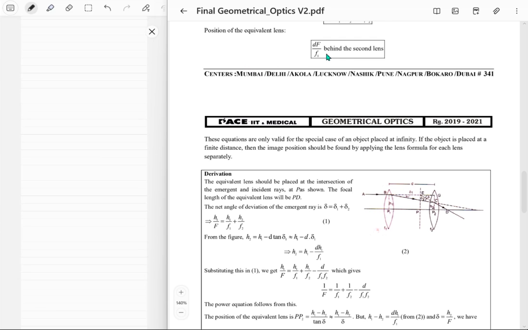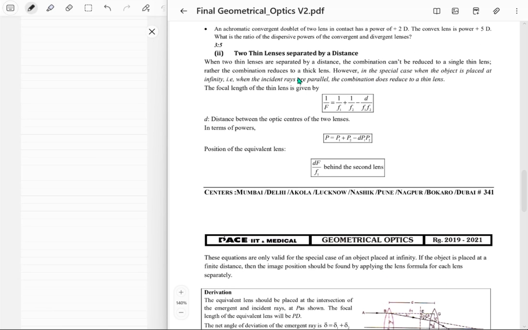The position of the equivalent lens is this much behind the second lens. This is all just for very large magnitude values of u. So for very large u values, what should happen?